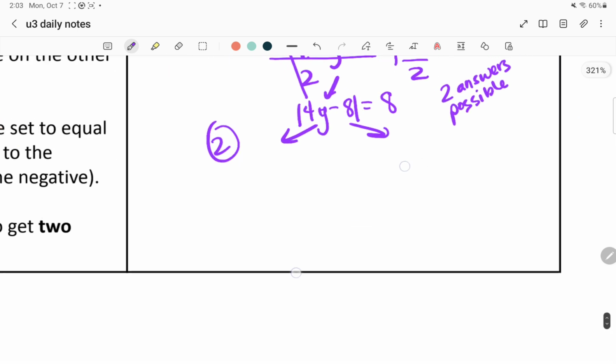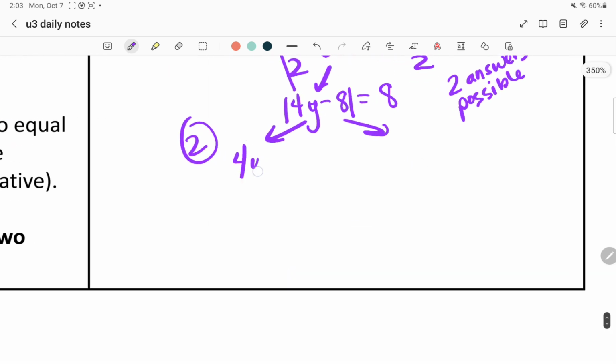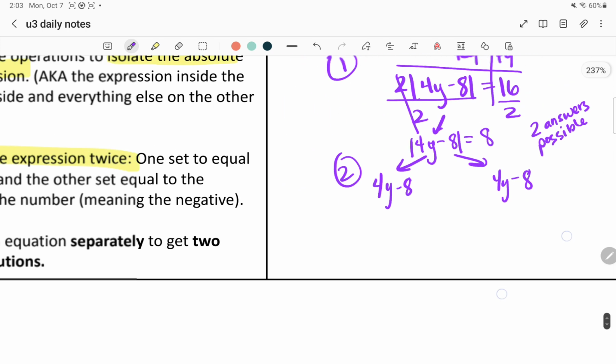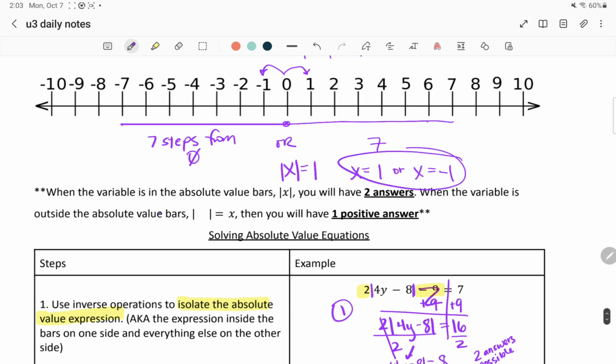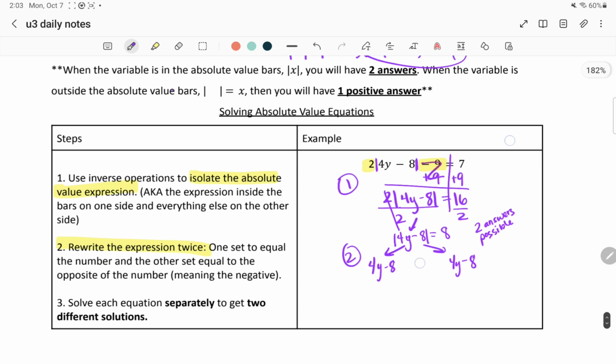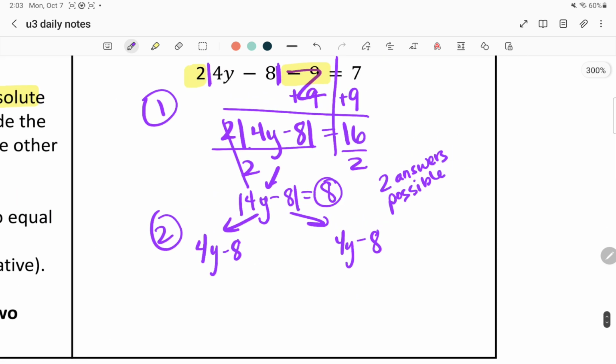So 4y minus 8, 4y minus 8. And remember, I could get positive 1 up here, or I could get negative 1. I currently have equals 8. So that means I could get positive 8, or I could get negative 8.